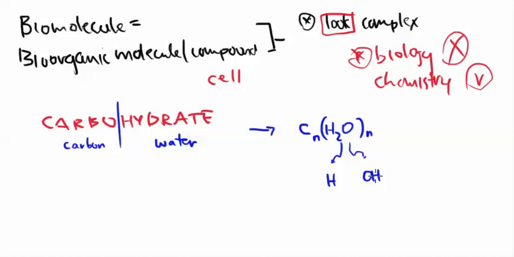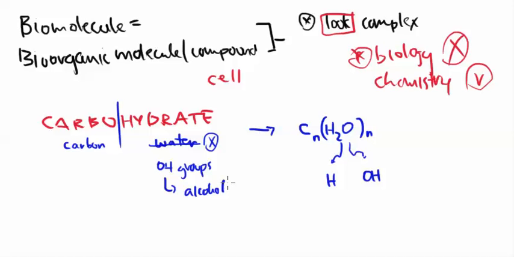The H2 and the O are actually represented on the structure as a hydrogen and an OH group. So now we need to look at the functional groups on carbohydrates. Carbohydrates don't really have water here. What they do have, however, are OH groups. And surely you can tell me what an OH group is as far as functional group goes. If you can't tell me that an OH group is an alcohol group, then you might want to drop the class at this point, because that's a very bad sign.